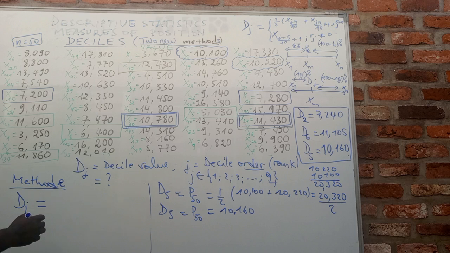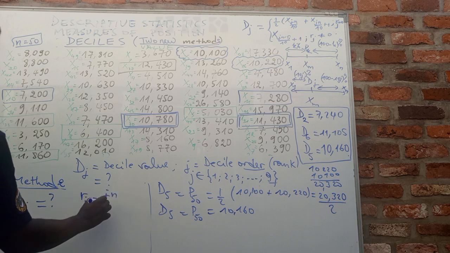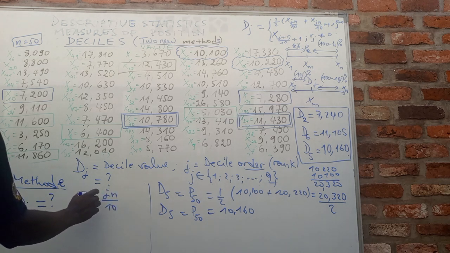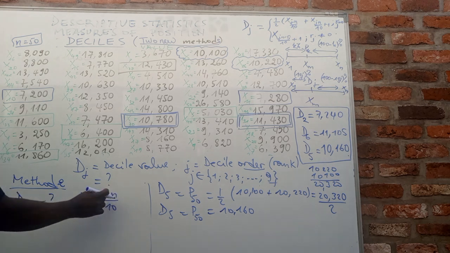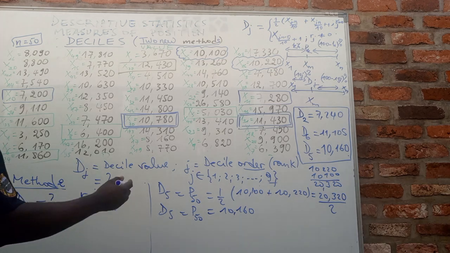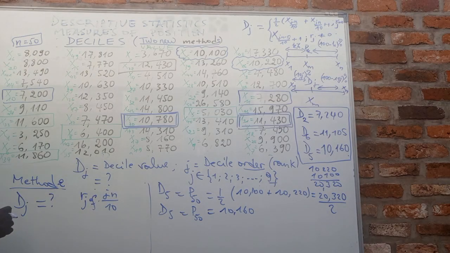So what we have to do first is calculate the remainder of the division of jn by 10. So now let us start with j equal to 2.